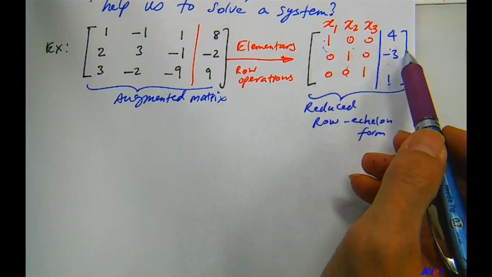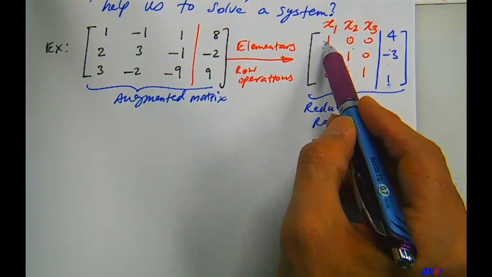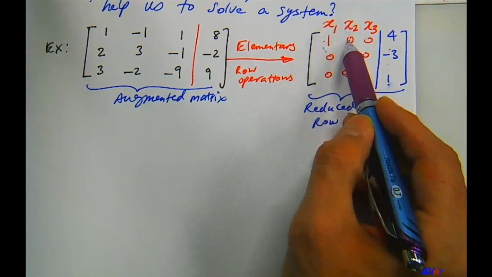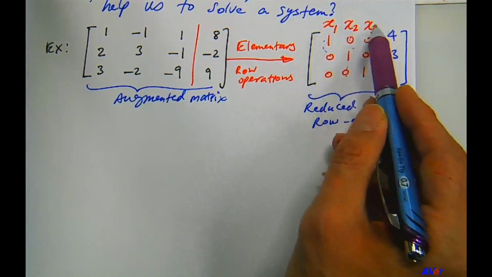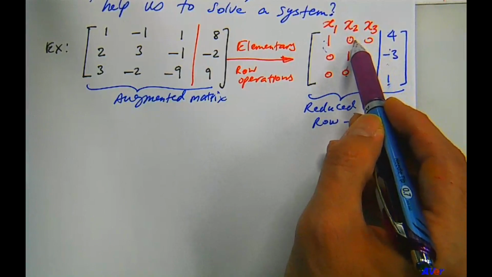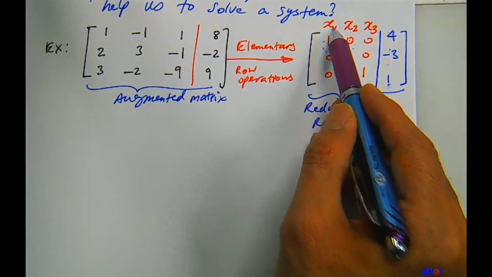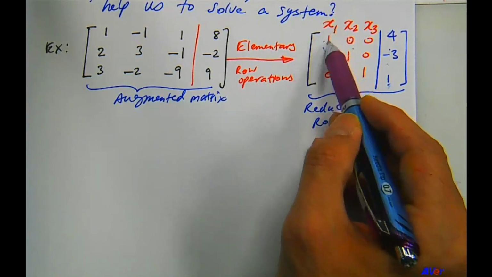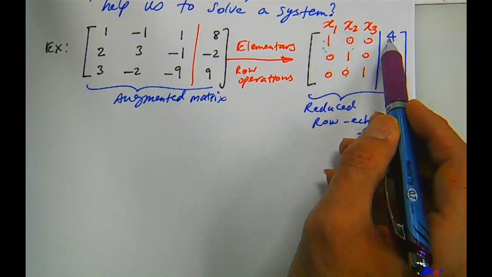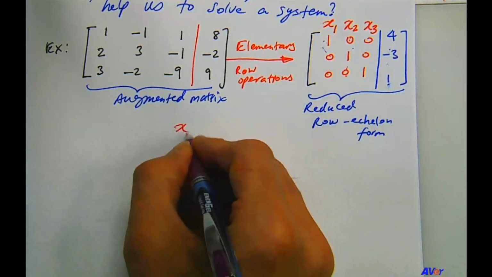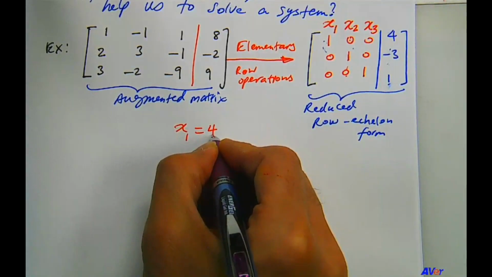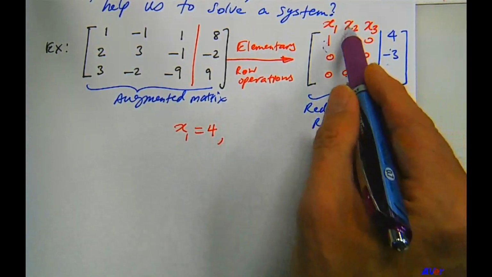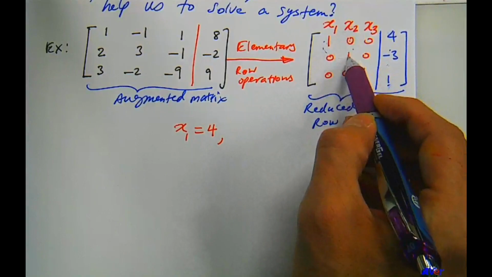We can start anywhere, because x1 has coefficient 1, so 1 times x1, and those 2 variables drop out because they have coefficient 0. So 1 times x1 is just x1 equals 4. Okay, so x1 equals 4. x2, in the second row, x2 has coefficient 1.